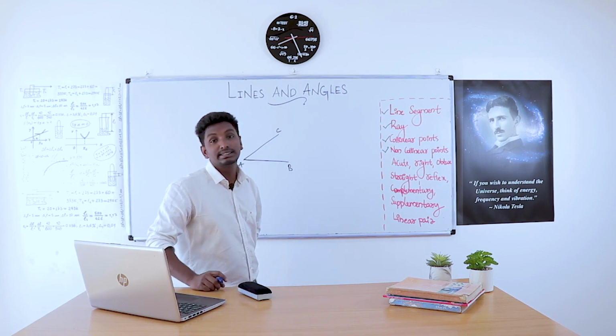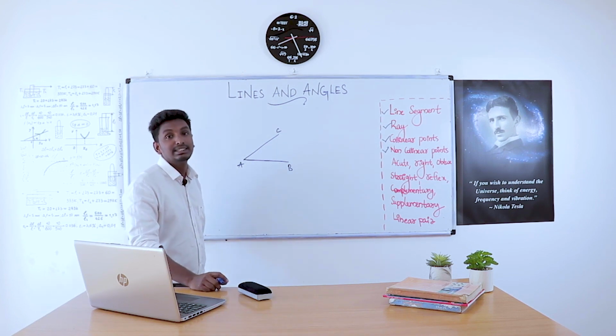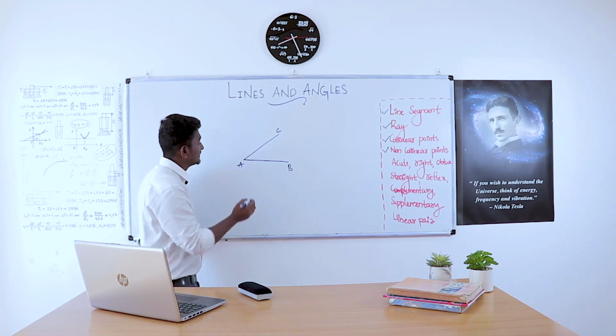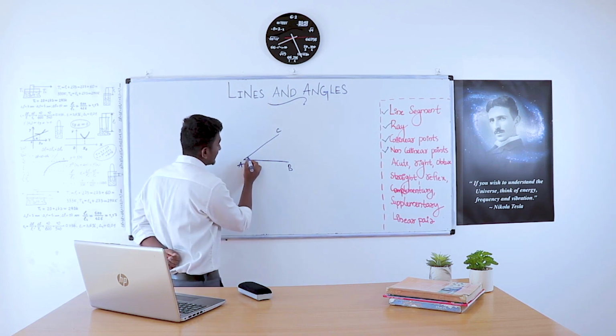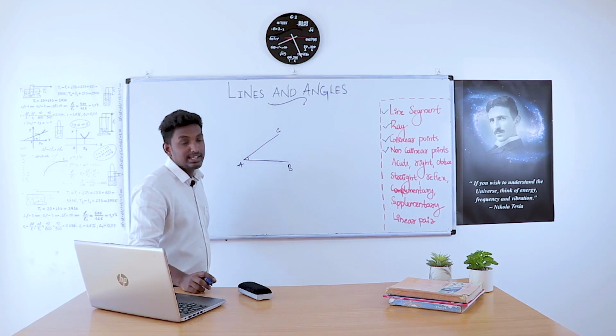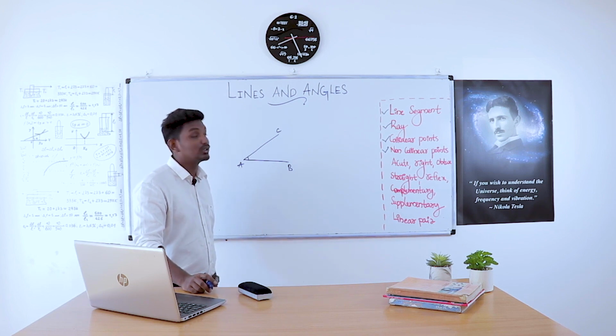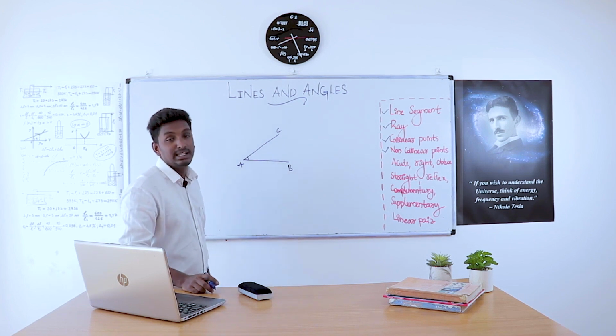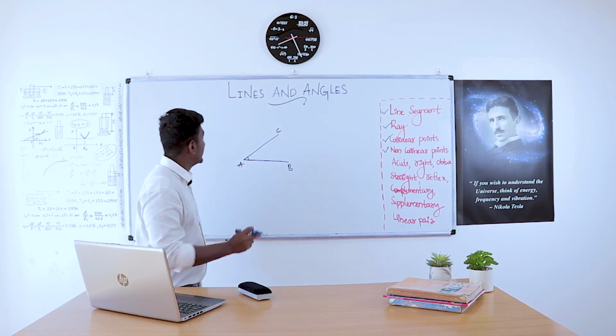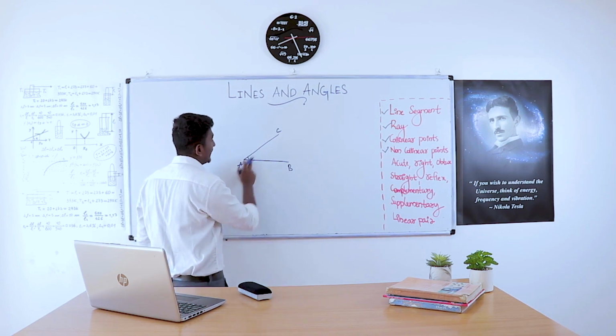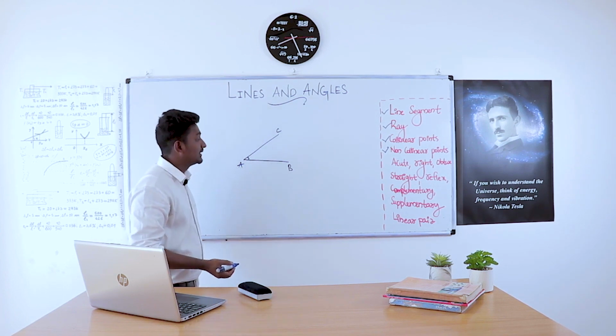Here A is the vertex, and AB and AC are the arms of the angle. Then we get an angle BAC or CAB. This is our angle. Clear?